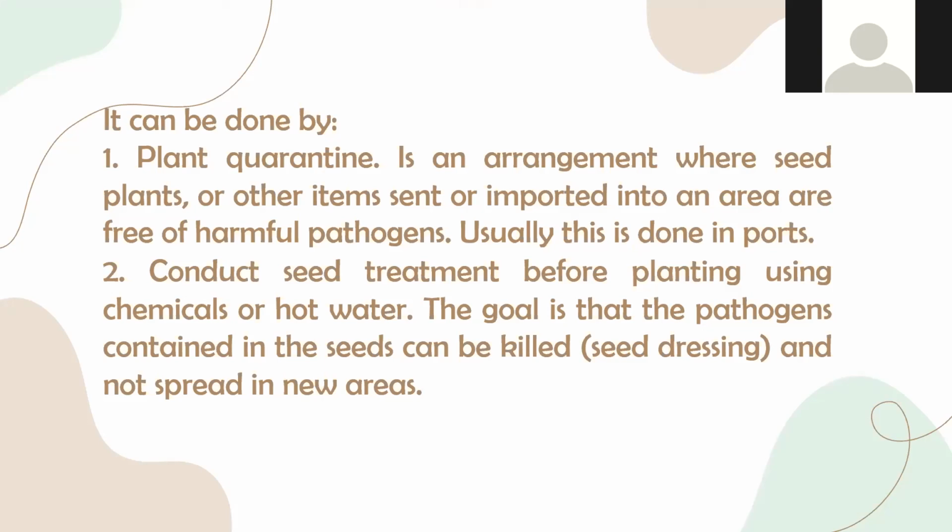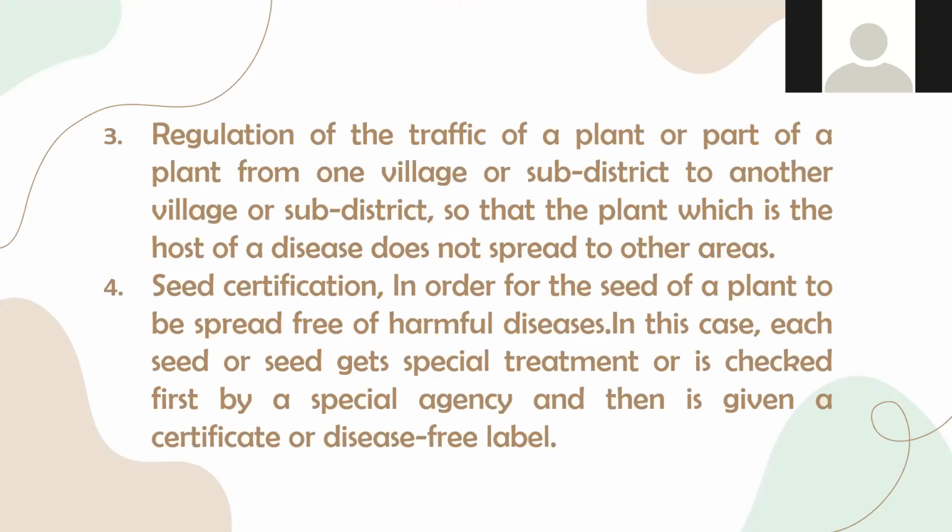Second, conduct seed treatment before planting using chemicals or hot water. The goal is that the pathogens contained in the seeds can be killed, or seed dressing, and not spread in new areas. Third, regulation of the traffic of a plant or part of a plant from one village or subdistrict to another village or subdistrict so that the plant which is the host of a disease doesn't spread to other areas.